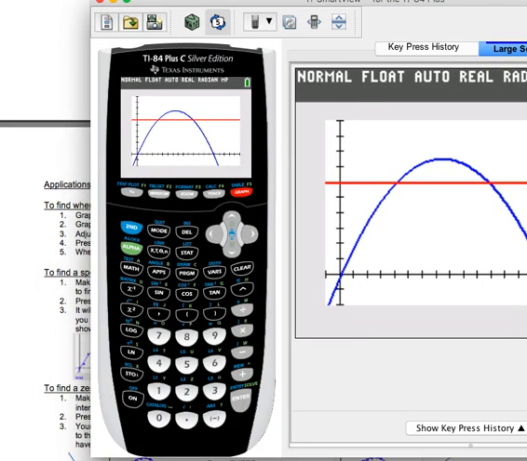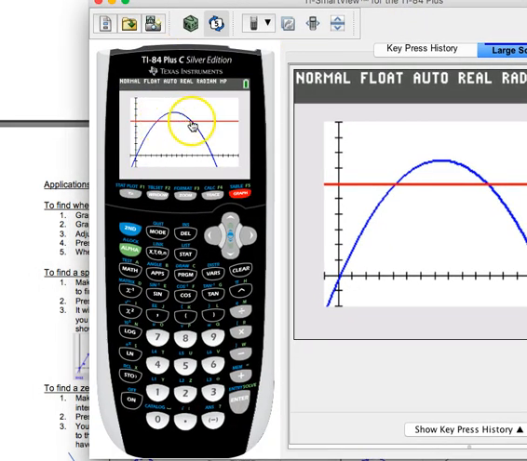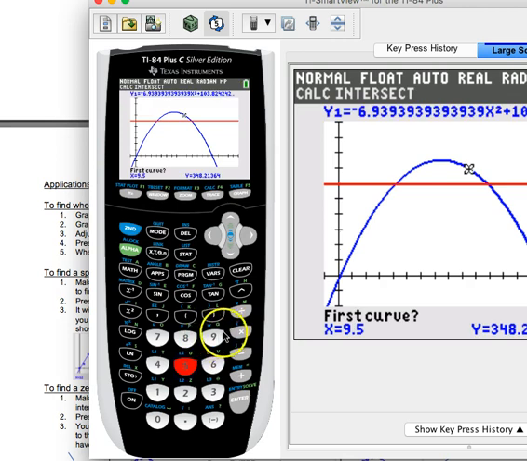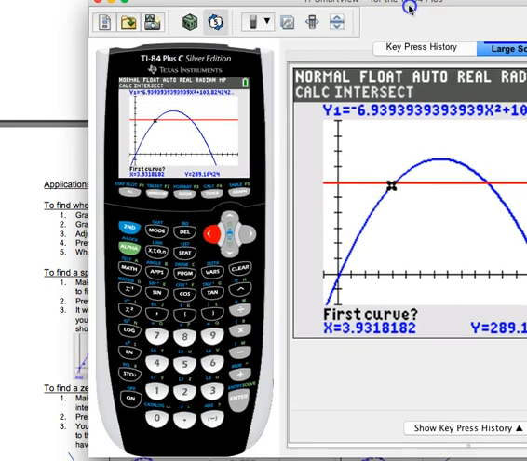Notice, because this is a parabola, that there are actually two different answers, two different times when this parabola has a height of 300. So I'm going to go to second trace, choice 5 for intersect, and I'm going to put my cursor close to that first intersection. If you want to find the second one first because it was closer, that's totally fine. I'm just going to do them in order.